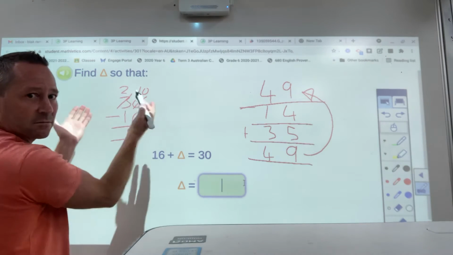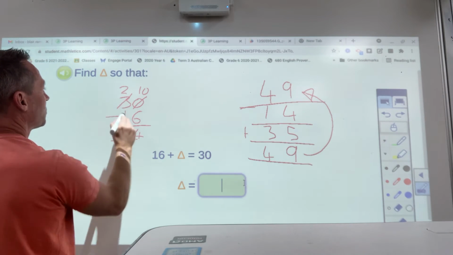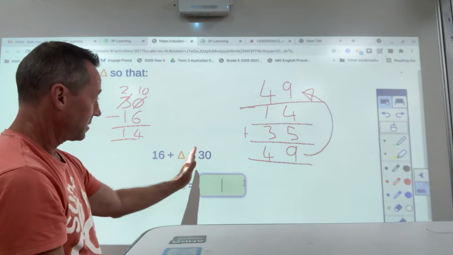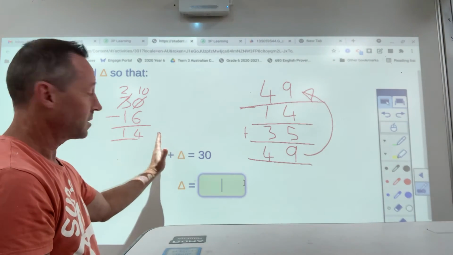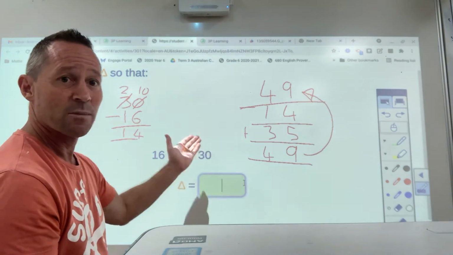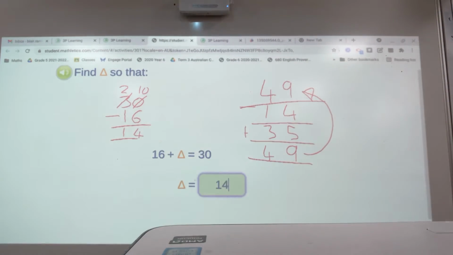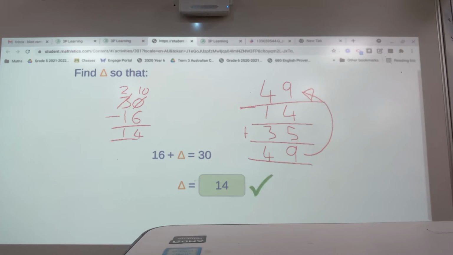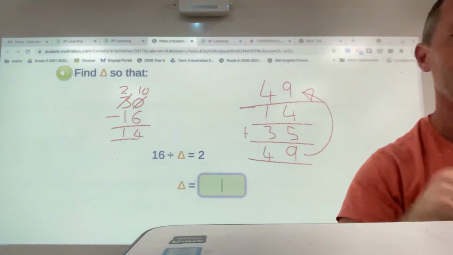So I'll just exchange it. 10 minus 6, 4, 2 minus 1, 1. That means 16 plus 14 is 30 on this side, and on that side it's 30. So it must be correct. So 14 is the answer. Once you become pretty good with your basic facts, you'll have no problems with this. You won't even need to work it out, you just think it in your head.